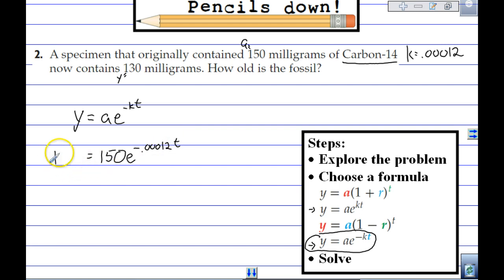This is going to end up at 130. Alright, so we just need to solve this. Since we're using the E value, we're going to use the natural log of both sides. Similar to the last problem, we're going to divide both sides by 150. So I'll have 13 over 15 after I cross out the zeros, which will equal all of this.